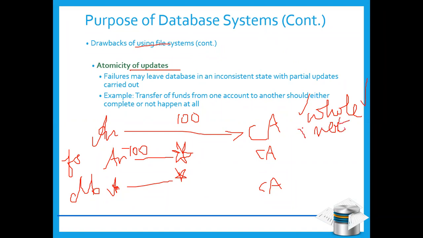It should not have gone from Anthony's account and it shouldn't have reached the college. Either the whole transaction should happen, or the whole transaction should not happen. You shouldn't have something like a partial state. Partial states used to happen in file systems, but databases see to it that these kinds of partial updates are not there.